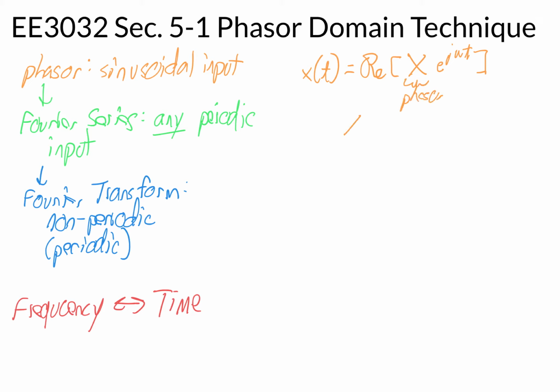The phasor is equal to a magnitude and an angle, phi. And if we then take that expansion and say, what does this mean for the signal x of t?